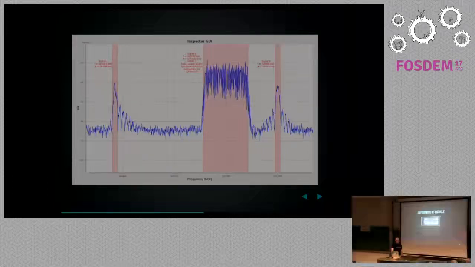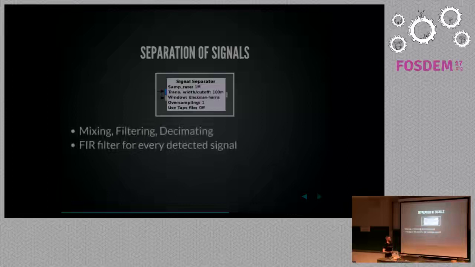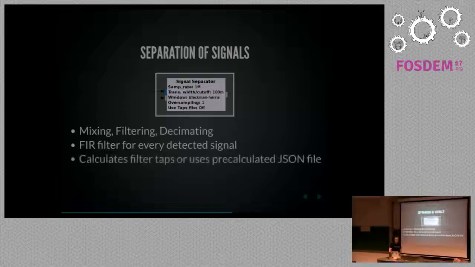So now when we have detected the signals that we want to use, we have to do the downmixing and decimation and filtering. And this is exactly what the signal separator block does. It calculates an FIR filter for every detected signal and applies that in complex baseband. Or you can provide a JSON file with pre-calculated taps, so to save CPU usage during runtime.